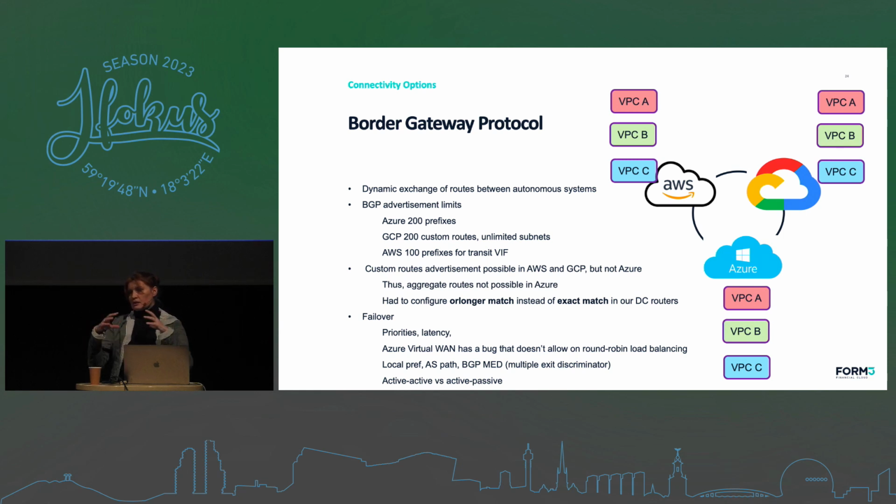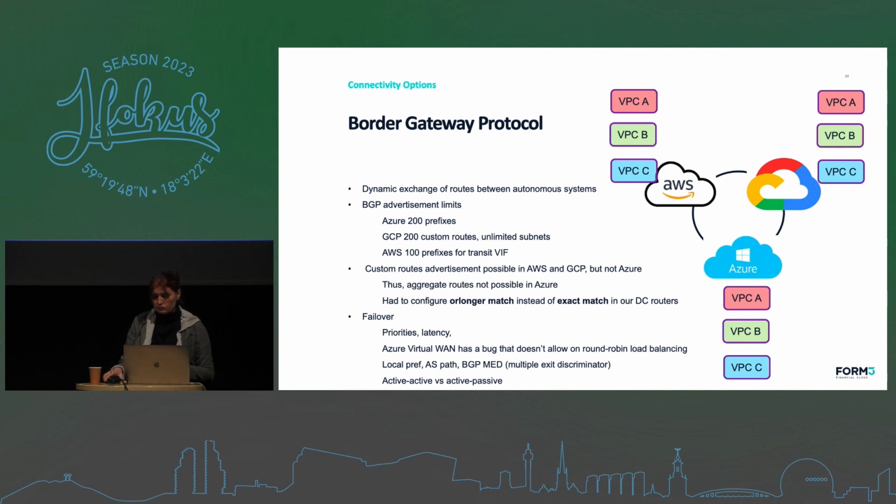So you can just provide a huge CIDR range, and then you allow routing for the entire CIDR range. With Azure, the problem is that it doesn't support aggregate routes. So that's quite a limitation. We had to reconfigure our physical routers to support longer matches instead of exact match in such a case.